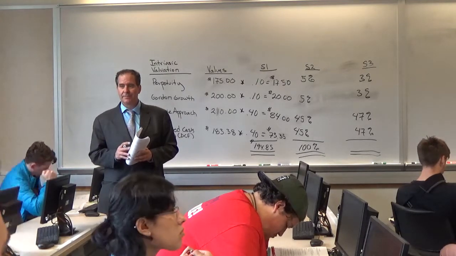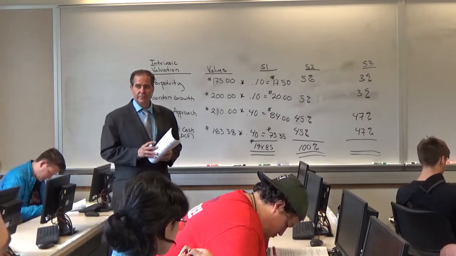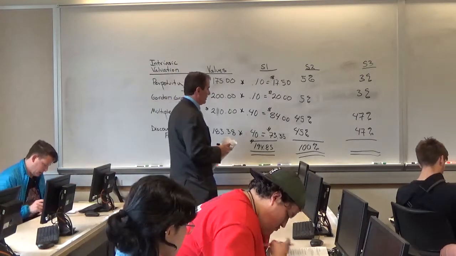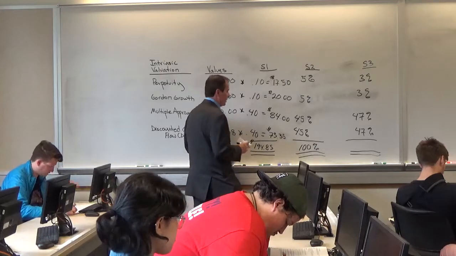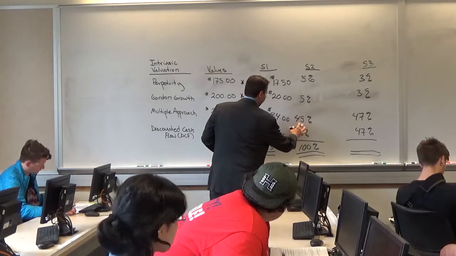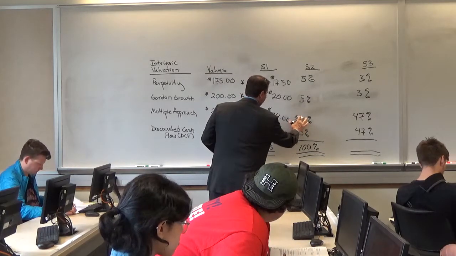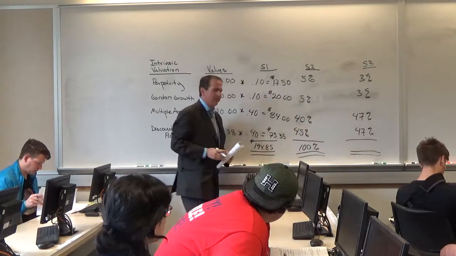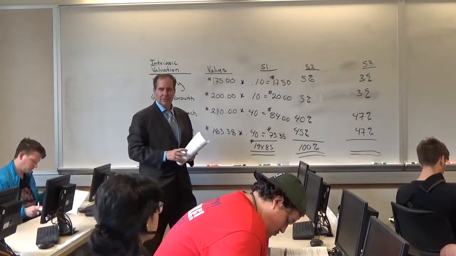We change scenario 2 to which one? 43 for multiple approach? 41? Why don't you just do 40? Yeah, 43 for multiple, why don't you just do 40? Make the math easy. Let me read it now.